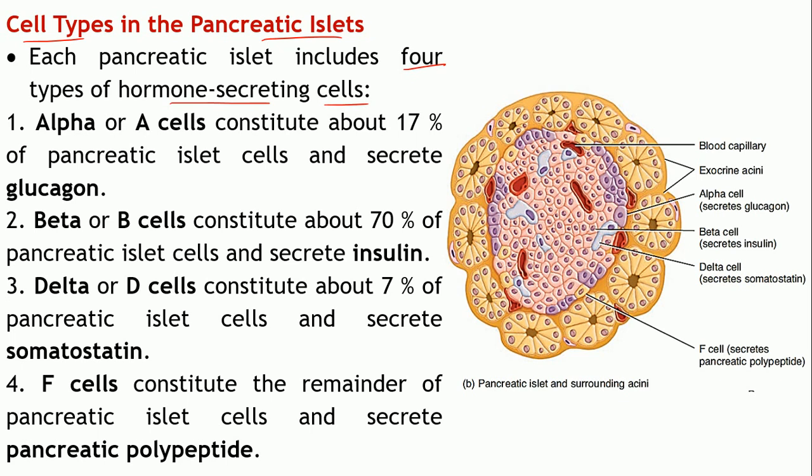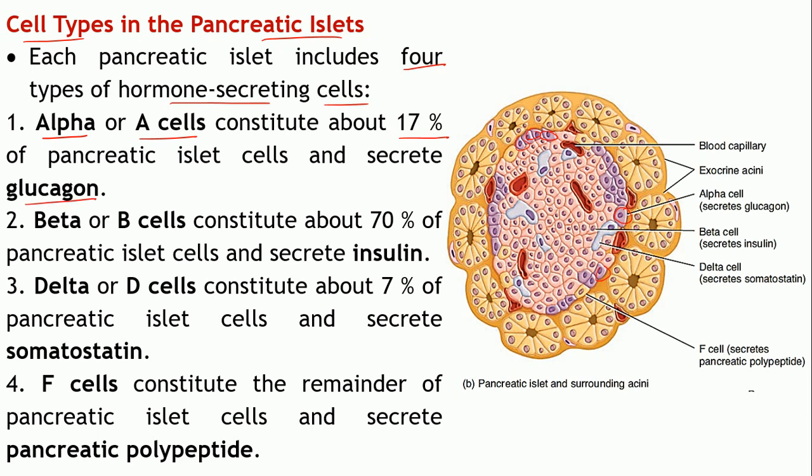So the first type of cell is the alpha cell, also called A cells. Okay, so these are the ones. As you can see over here, purple color. So these are alpha cells. These constitute around 17% of the pancreatic islet cells, and they produce a hormone called glucagon.